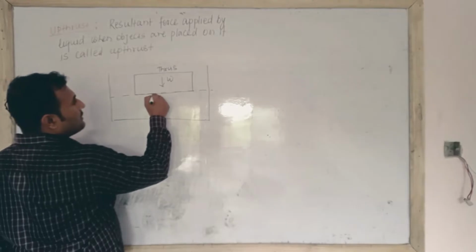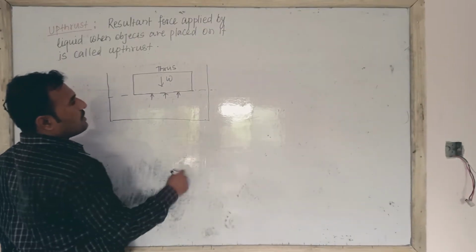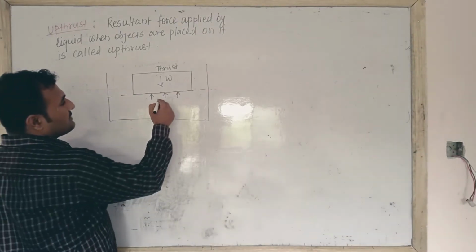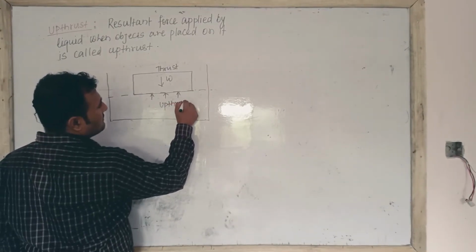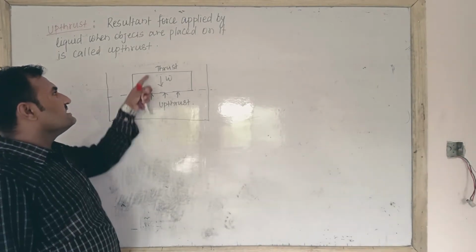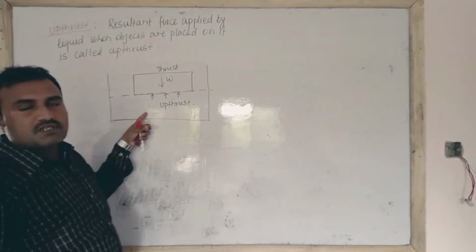And the liquid applies the force just opposite to the thrust, which is known as upthrust. Here the force applied by the liquid is in just the opposite direction of thrust, therefore it is called upthrust.